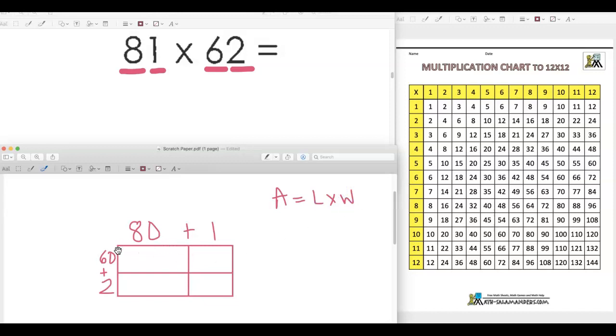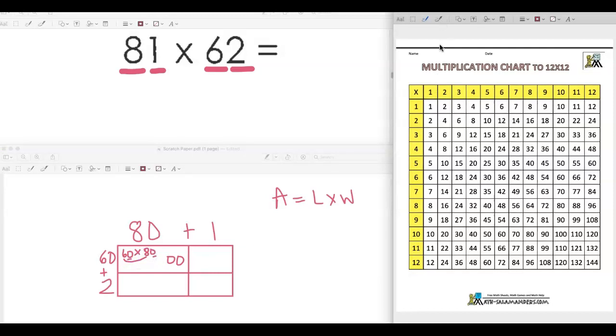So inside this rectangle, I'm going to multiply the length 60 times the width 80. I know with place value, when I'm multiplying multiples of 10, I can just look at the zeros. Count them up and put them in my answer. And then I can multiply this basic fact, 6 times 8.